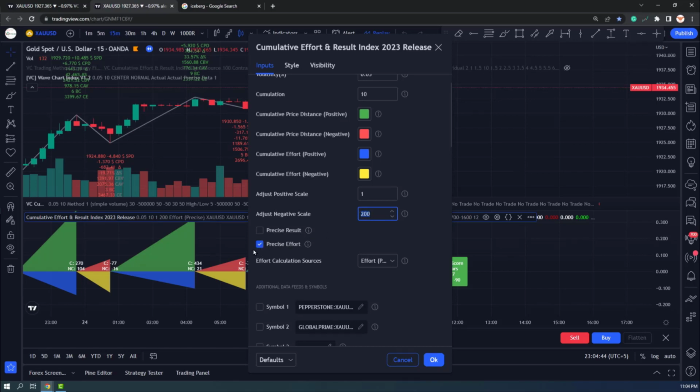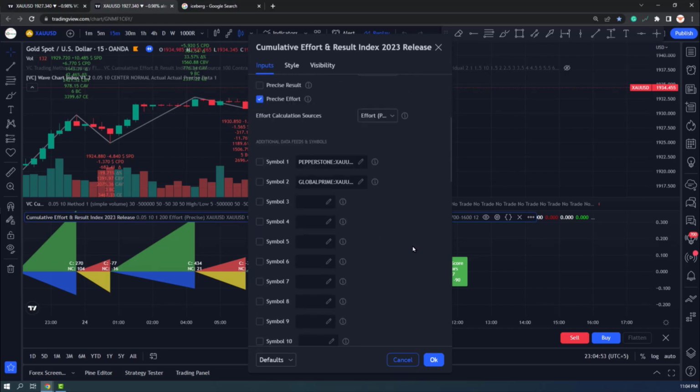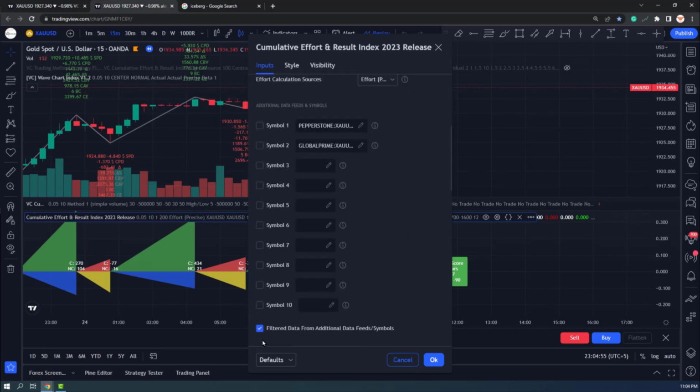The price effort should be selected. Precise here, the effort should be selected. No need to add extra exchanges or brokers, but you can add. It's your own preference.